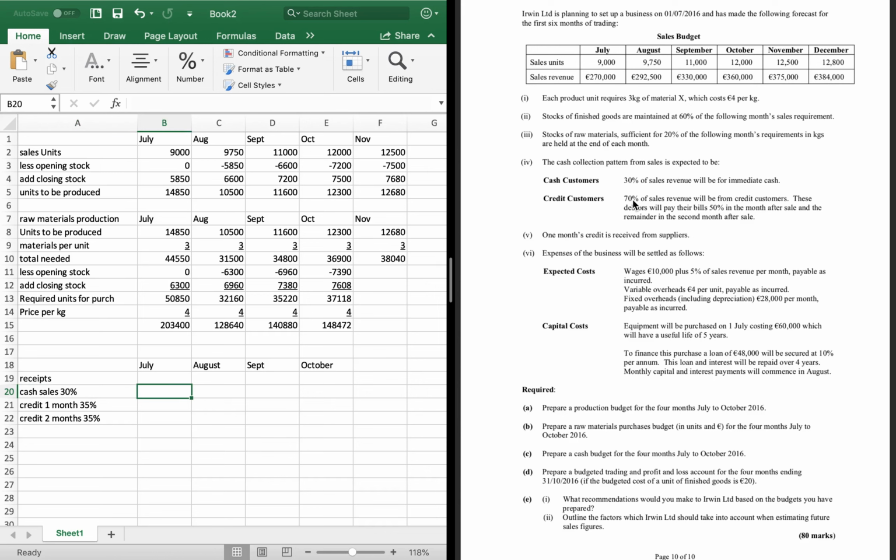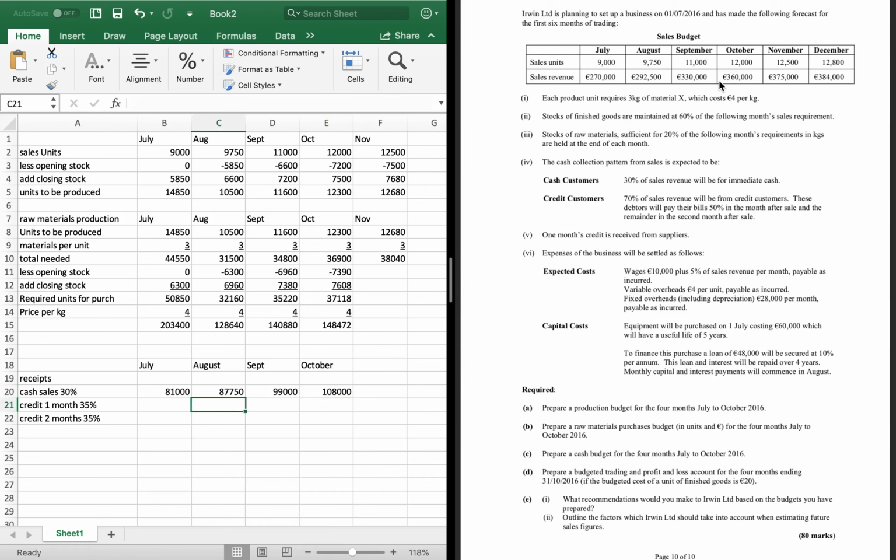So we look at our sales, right? So our sales is 270. So we find 30% of that. We can find 30% of 292,500. We'll find 30% of 330 and 30% of 360.